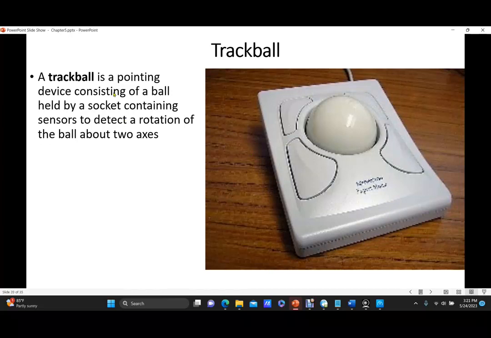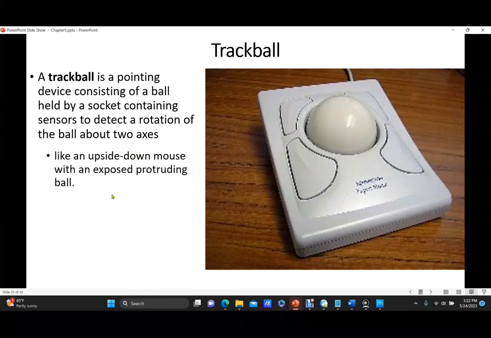A trackball, a different kind of pointing device. It's a pointing device with a ball held in a socket containing sensors to detect how the ball moves.